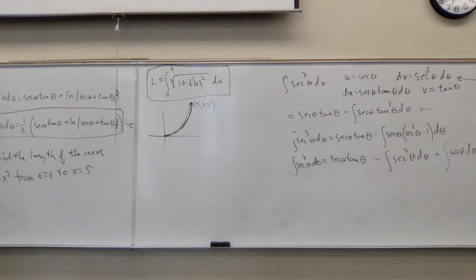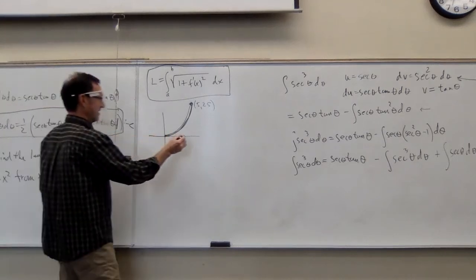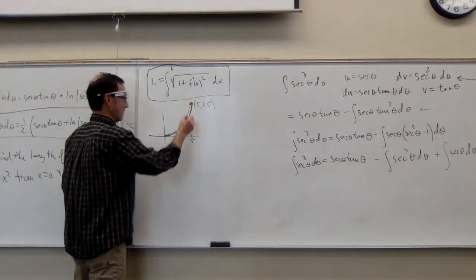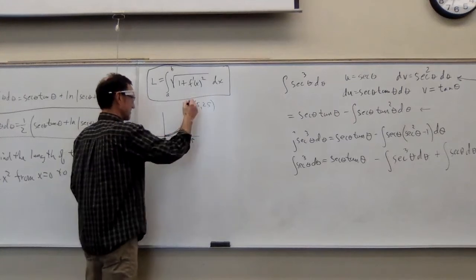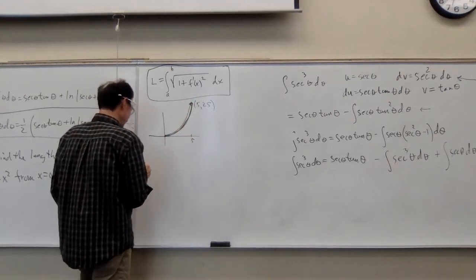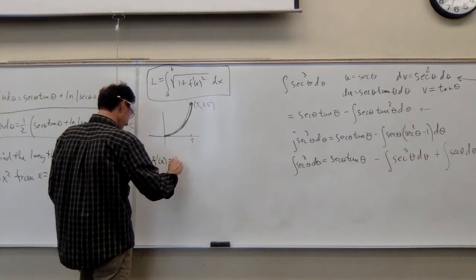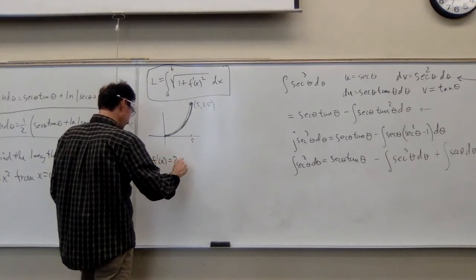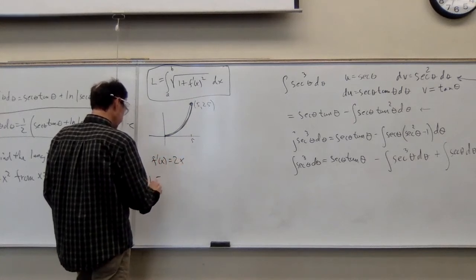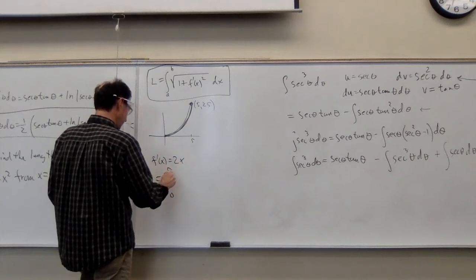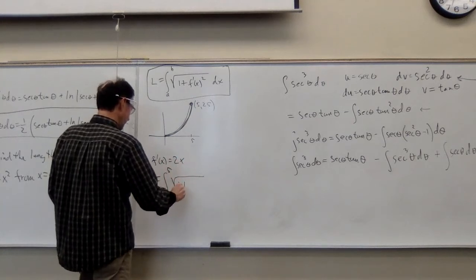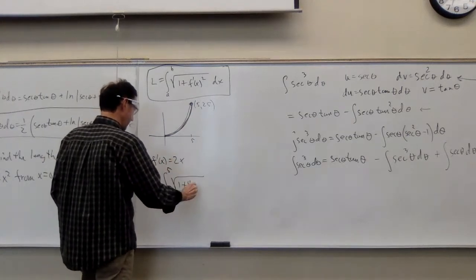If we just go from here to here, we would go 25 units, and we're curving a little bit. So let's see, f prime of x, what is it? 2x. And so the length is the integral from 0 to 5, the square root of 1 plus 4x squared. Square the derivative.